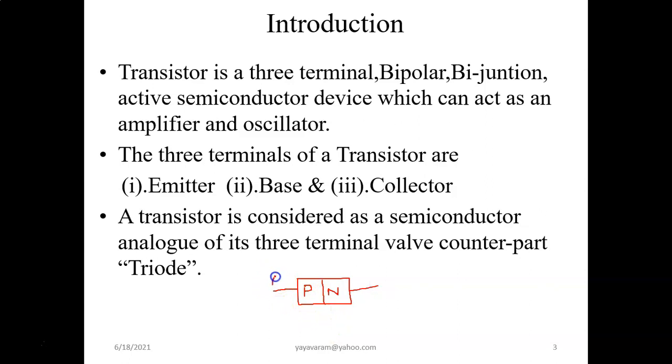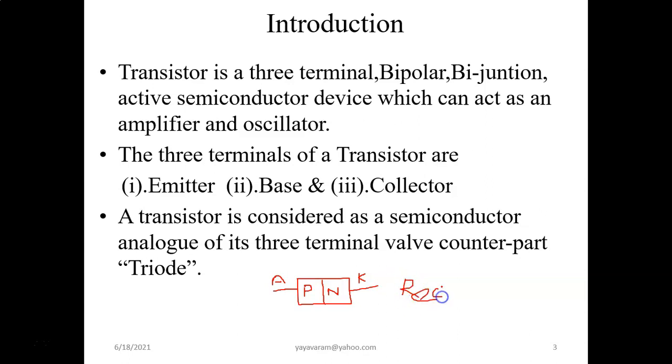One terminal is called anode A, the other terminal is called cathode. You know that this PN junction diode will work in forward bias and will not conduct in reverse bias, and hence it is widely used in your rectifiers.